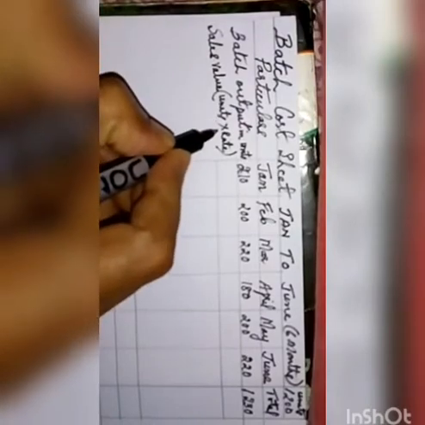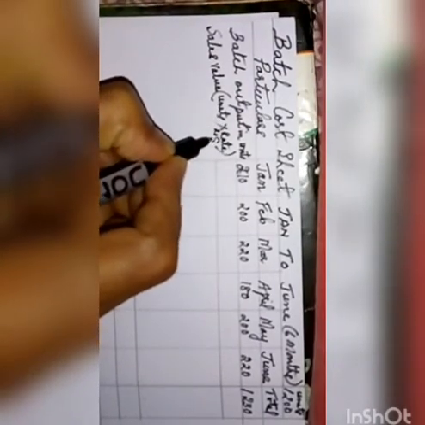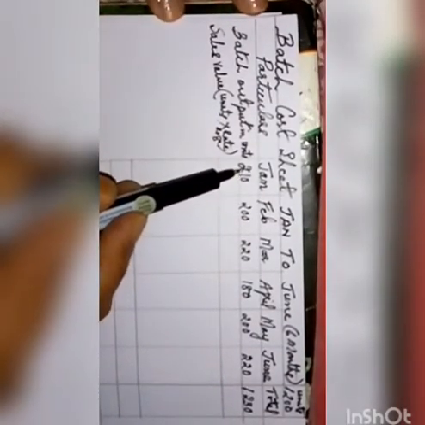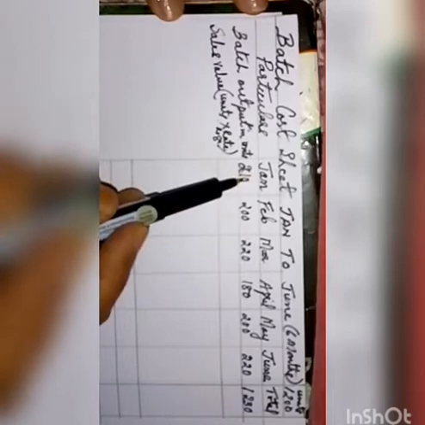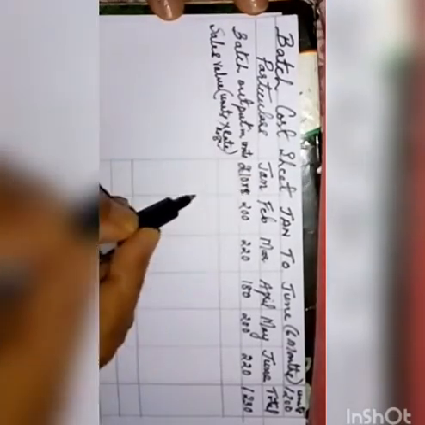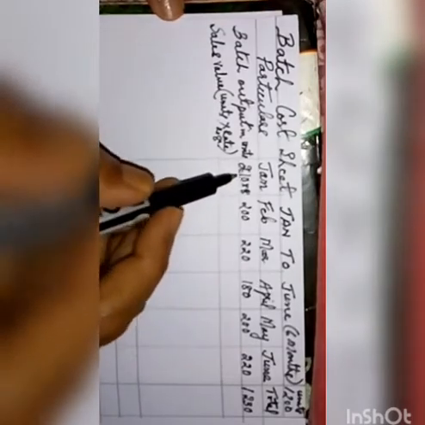The sales rate given in the problem is 8 rupees per piece. So we need to calculate the sales value by multiplying total units produced into the rate of rupees 8. Per unit rate is rupees 8.